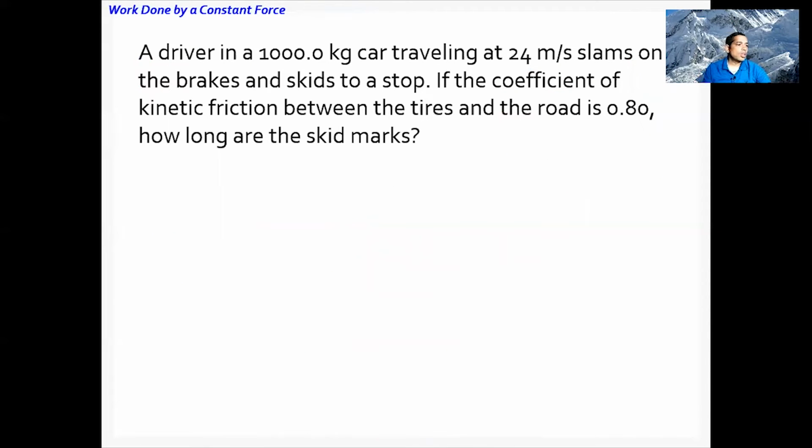All right. So a driver in a 1,000 kilogram car traveling at 24 meters per second slams on the brakes and skids to a stop. If the coefficient of kinetic friction between the tires and road is 0.8, how long are the skid marks? So suppose the driver in a 1,000 kilogram car is traveling at this 24, right? v0 is 24 meters per second.